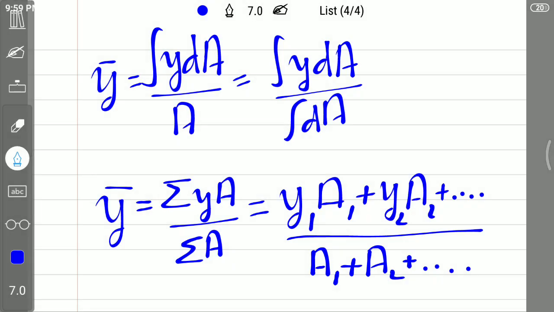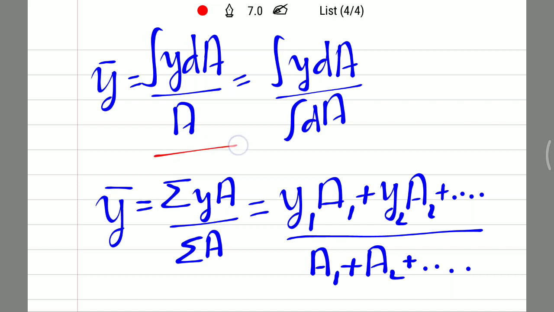So y bar is equal to integral y dA by A. This is the equation that we have seen, and in some textbooks they represent the equation as y bar is equal to integral y dA by integral dA, where integral dA is A itself. That's how it's represented in some textbooks.